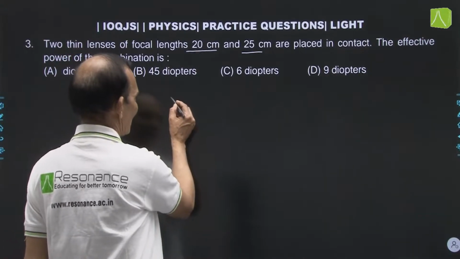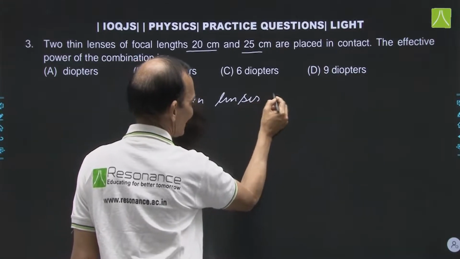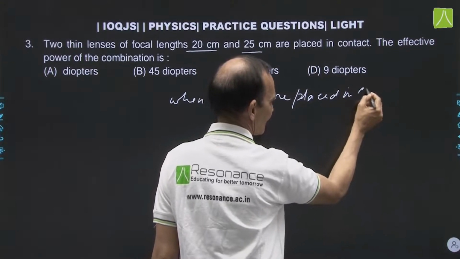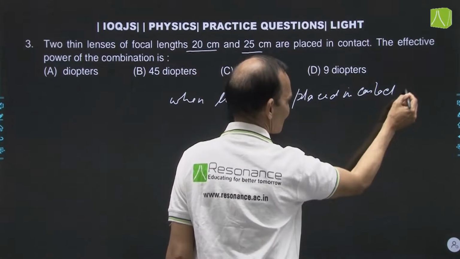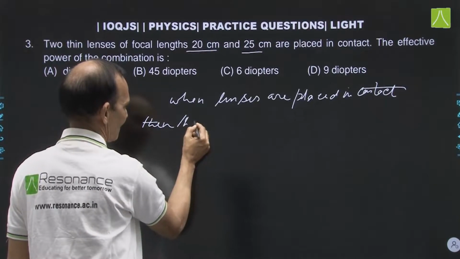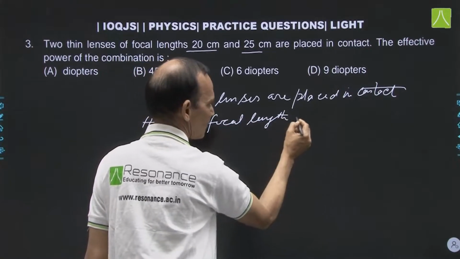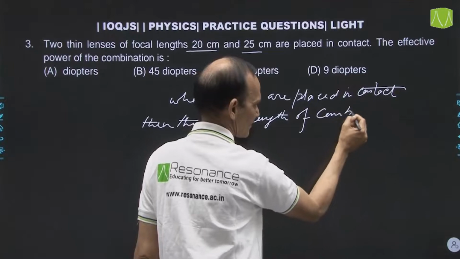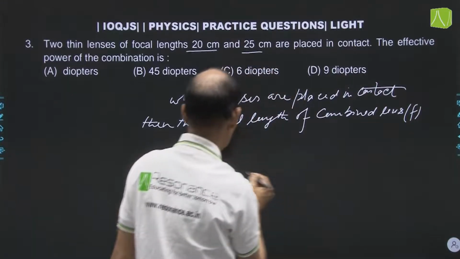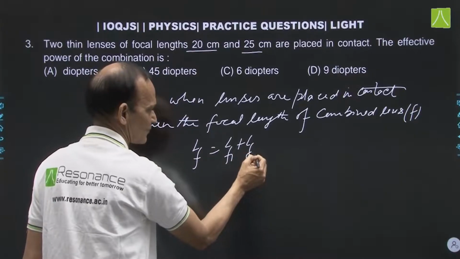So when lenses are placed in contact, then the focal length of the combined lens, that is small f, will be given by 1 upon f is 1 upon f1 plus 1 upon f2 and so on.